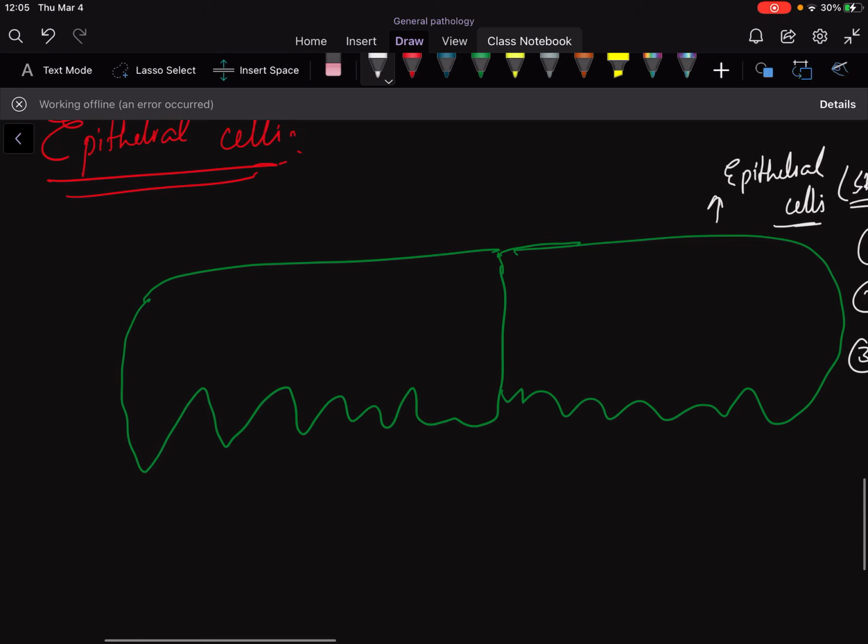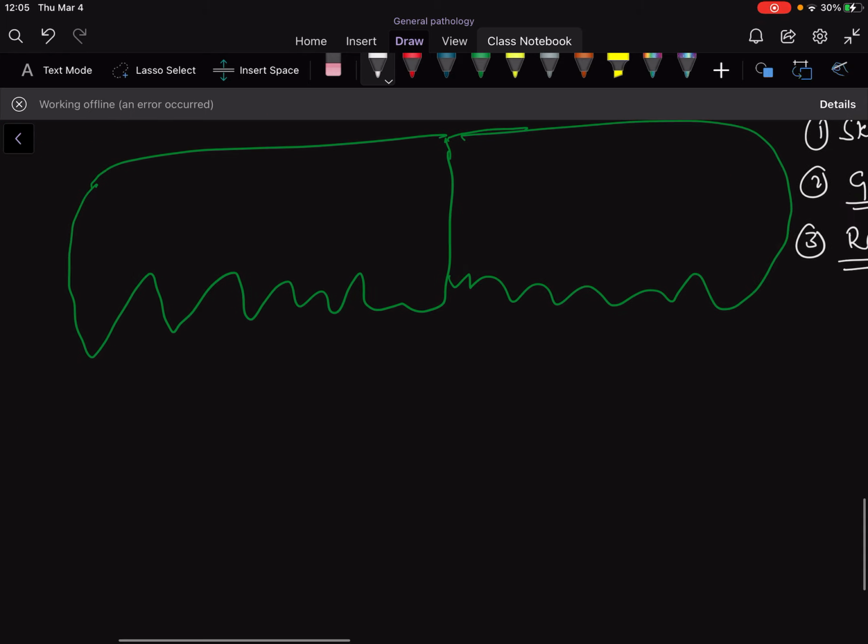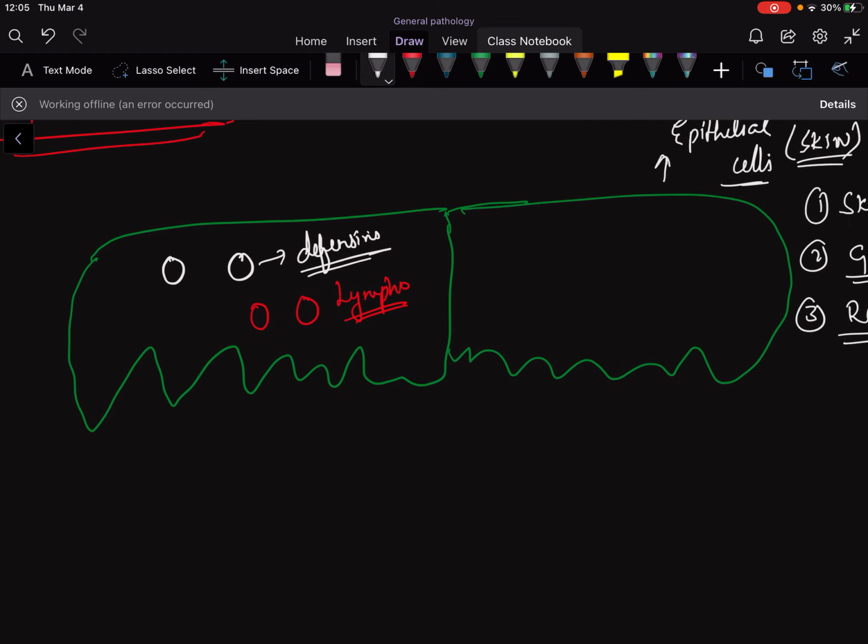These epithelial cells will be having certain substances called defensins, and not only that, they will also have T lymphocytes. So any microbe like coronavirus or measles, mumps, rubella cannot easily attack these epithelial cells.